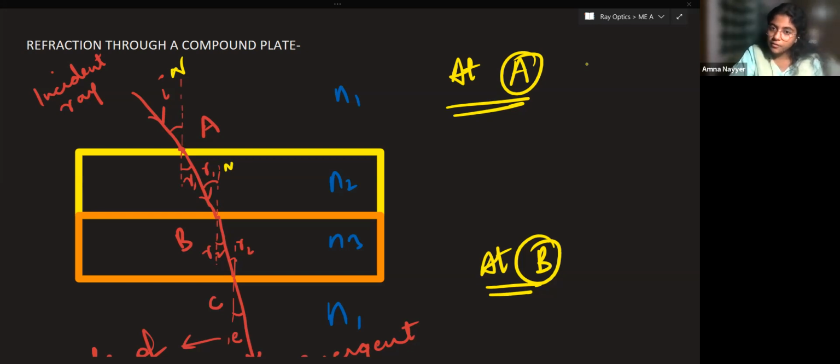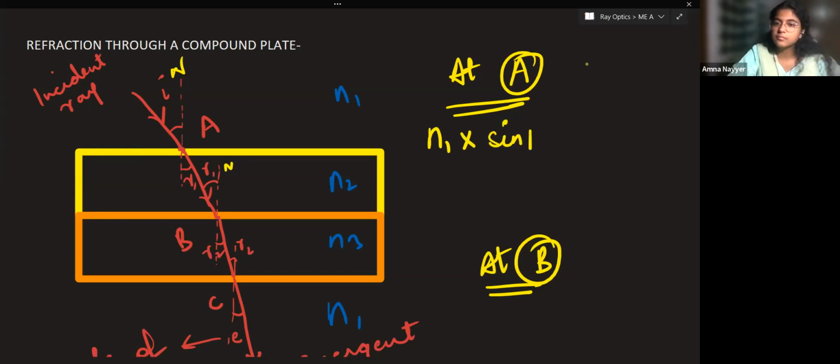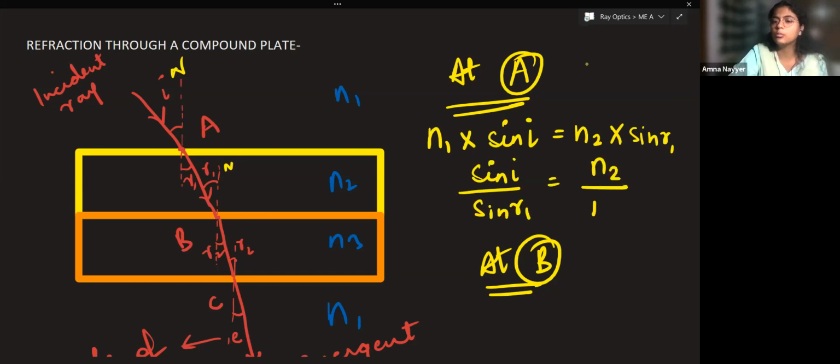So N1 into sine I is equal to N2 into sine R1. Or directly also you can write sine I by sine R1 is equal to N2 by N1.